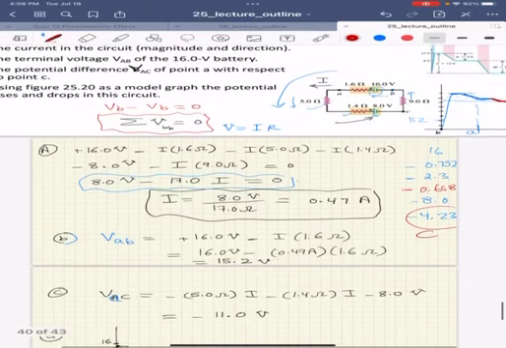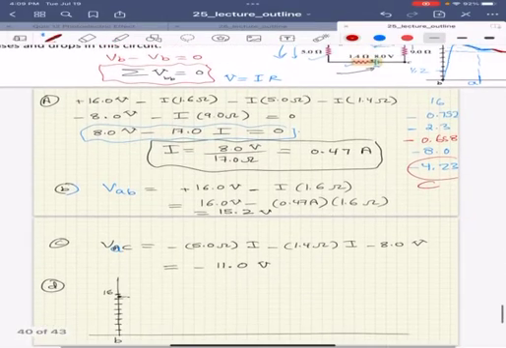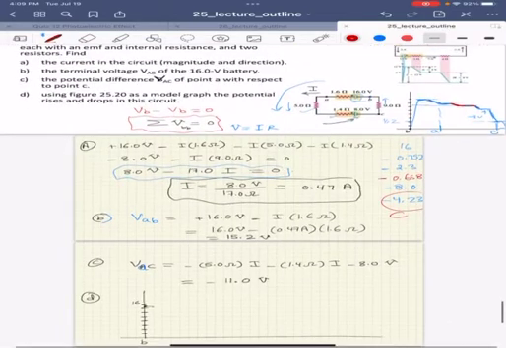I thought there was one equation where I had a mistake. VAC is calculated the same way, and it came out to be negative 11.